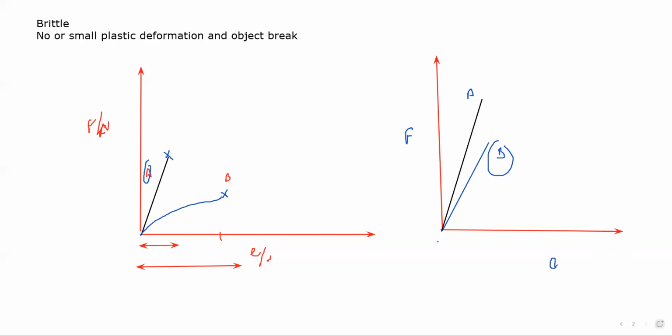Then malleable and ductile, a small difference is there. Malleable means you can hammer them into shape. Ductile means can be stretched into wire.